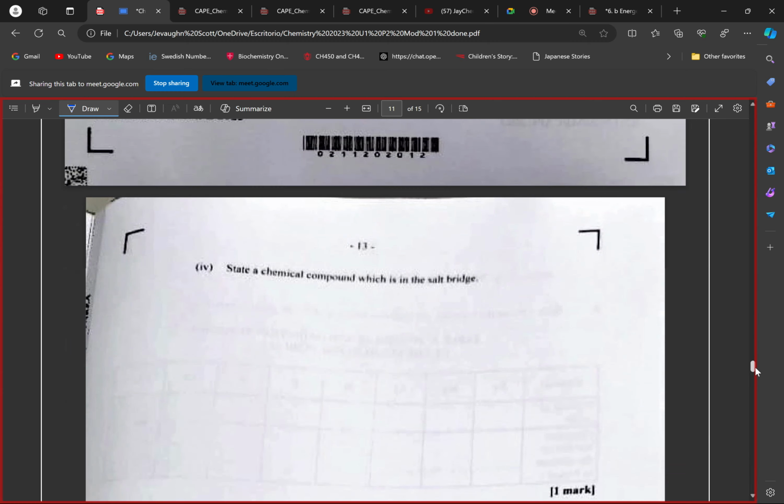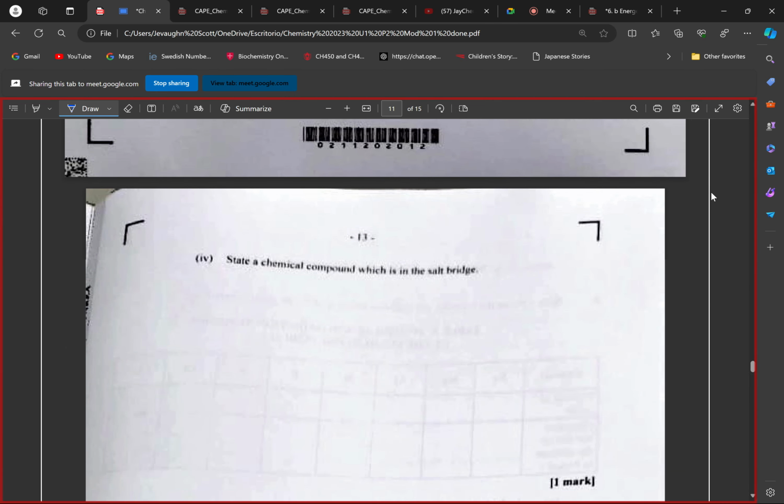State a chemical compound which is in the salt bridge. What could be one? Potassium nitrate. Lovely. Sodium chloride, you can also have sodium chloride.